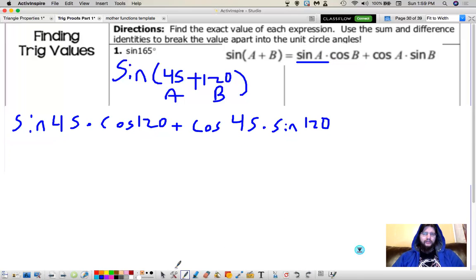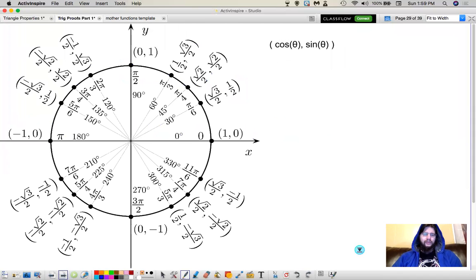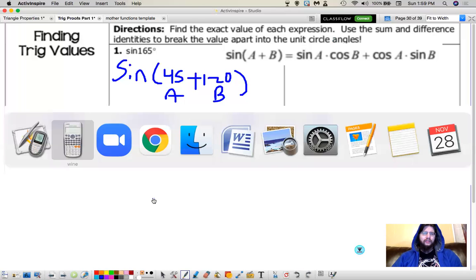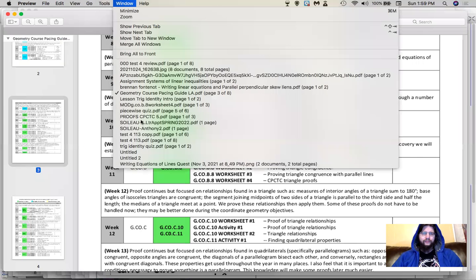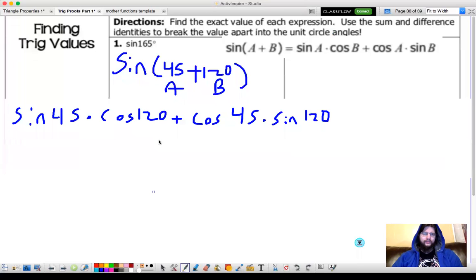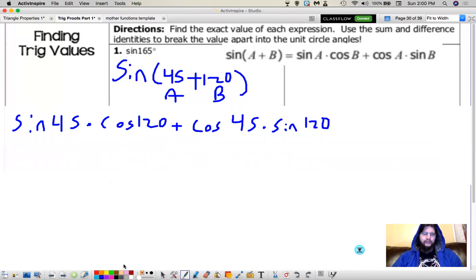So now all we need to do is use that unit circle and find out what value each of these are. So you're going to have this next to you, so you can just look it up. I think I have one in here somewhere. Yeah, right there. So sine of 45, I know that is square root of 2 over 2, times cosine of 120.